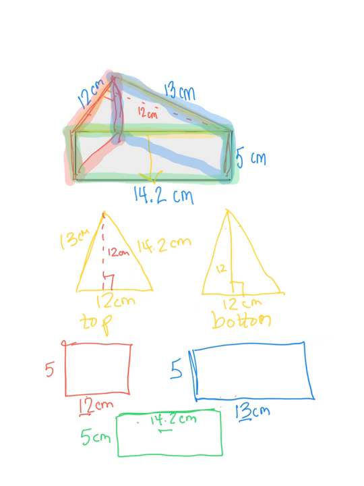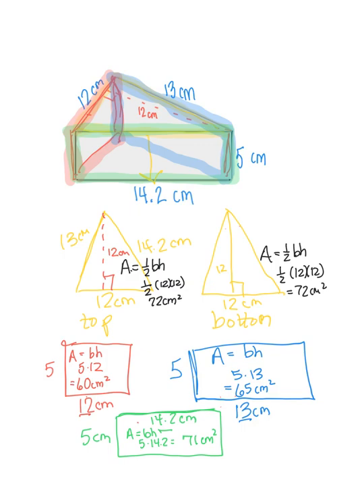All the rectangles have the same height because that's the height of the prism. Now be careful because the 12 that's inside this triangle is different than the 12 down here. Don't get those confused. So now I just need to find the area of all 5 of these things. So I'm going to do that now.